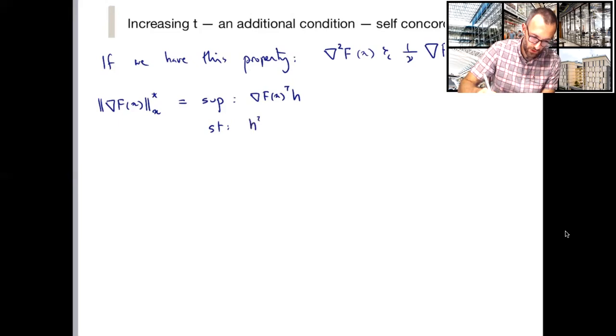That's h transpose times the Hessian h less than 1.